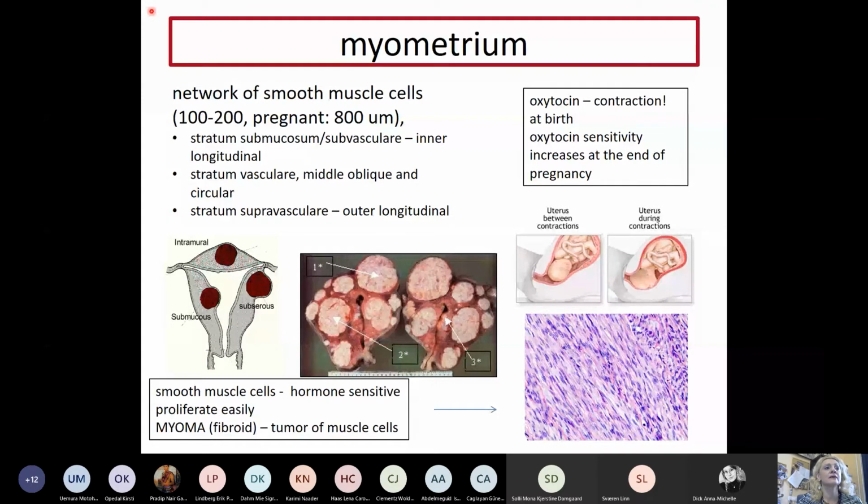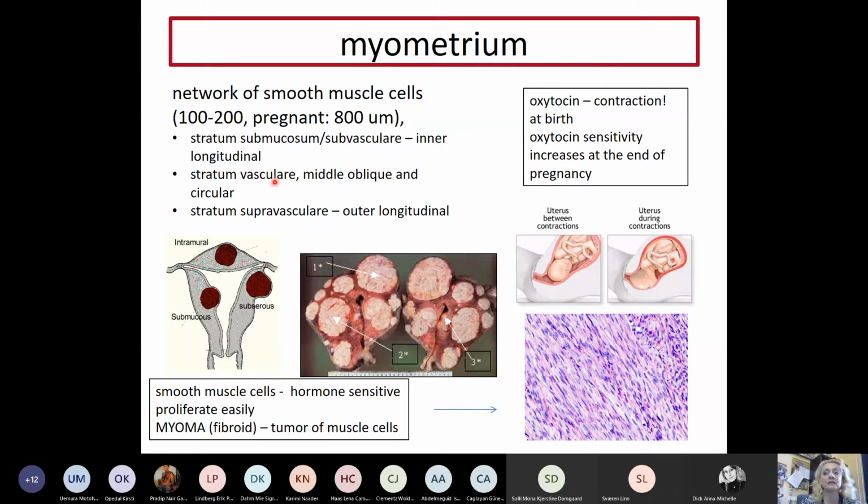And in the uterus was used as an example as having the longest smooth muscle cells. Even non-pregnant uterus has 100, 200 micrometer long smooth muscle cells, and during pregnancy it can be, of course, even more, 500 to 800 micrometers, so a very, very long smooth muscle cells.